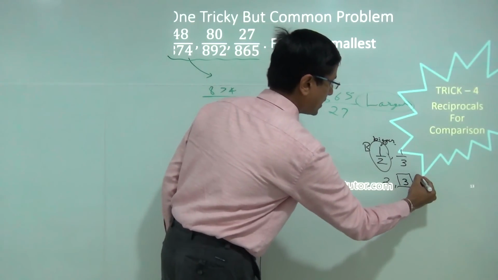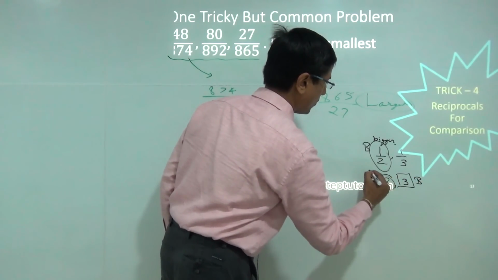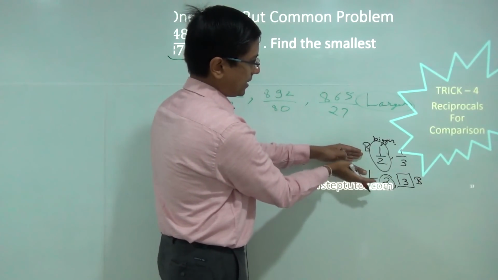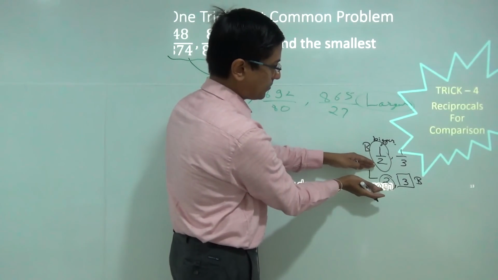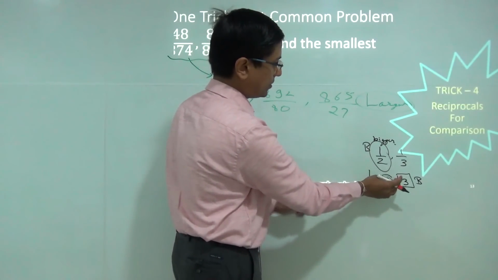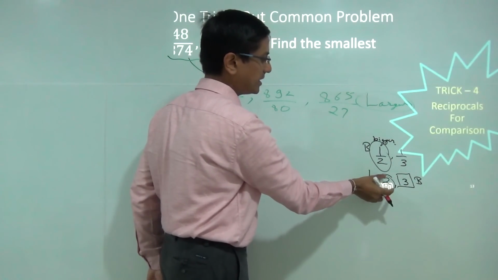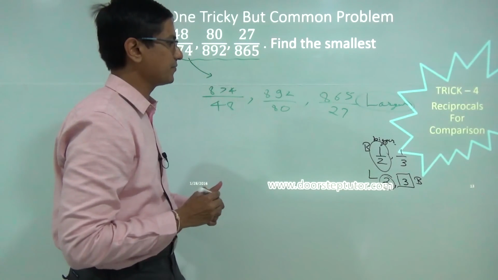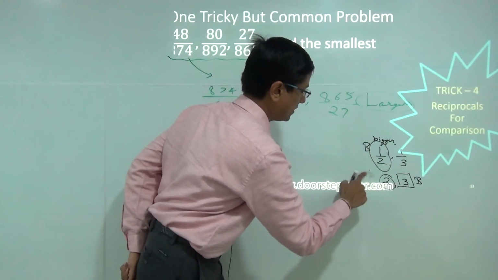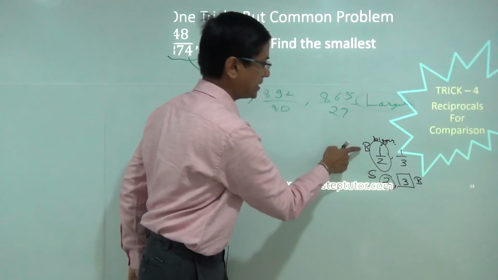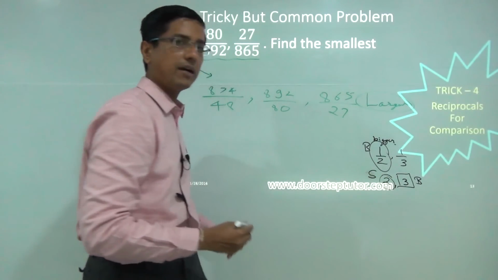This is bigger and this is smaller. So if I take the reciprocal, the reciprocal of the bigger fraction becomes smaller. That is the idea here.